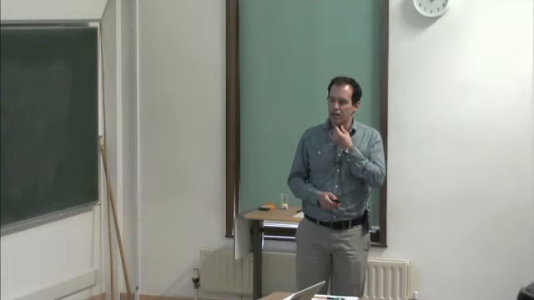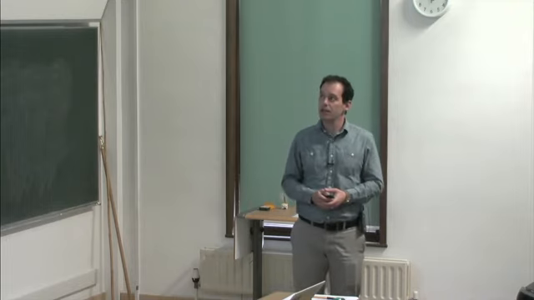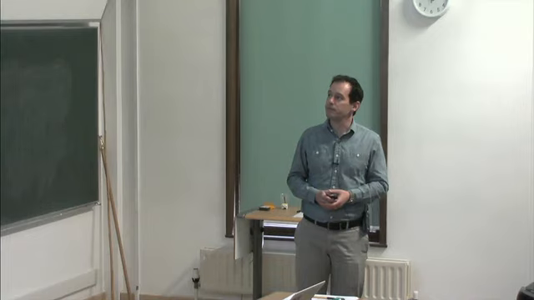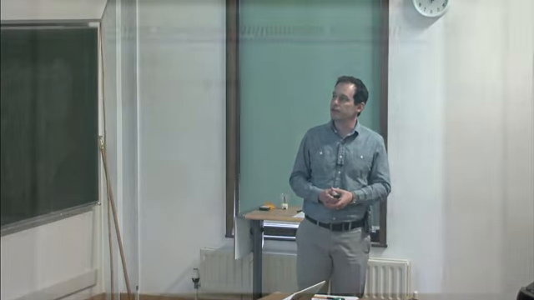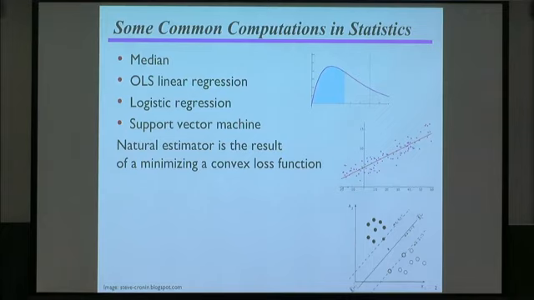Okay, so the focus of this talk is the computations that underlie a lot of statistical inference. Just to give some examples, a classic statistical computation, given a data set, is to compute the median of a data set.